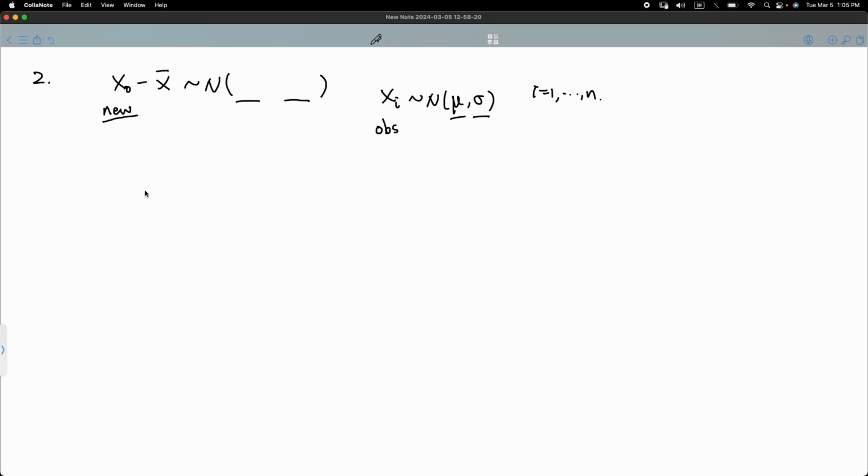Next we need to solve for the expected value first. What would be the expected value for x0 minus x bar?